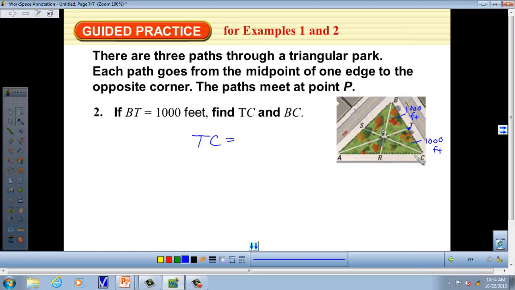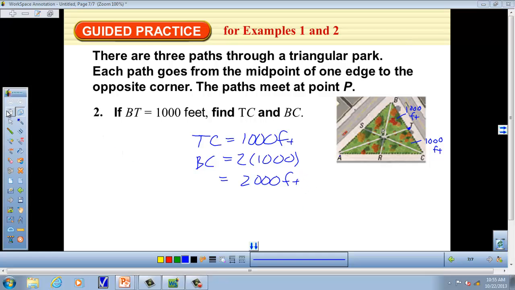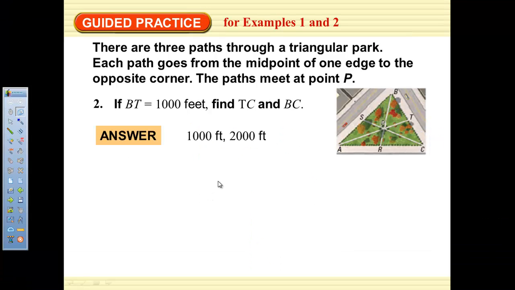TC is this distance right here, so that's also 1,000 feet. If we want to know BC, BC is twice as big. It's the whole distance across, so it would be 2 times 1,000, or 2,000 feet. And again, there's 1,000, 2,000.